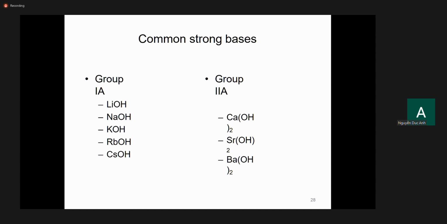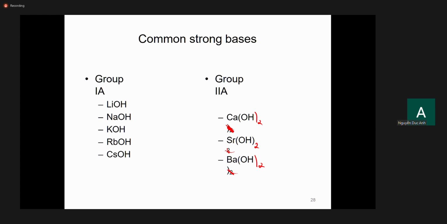Similar to the acid will be the strong base. From the base, the group alkaline and alkaline earth, 1A and 2A, the metals, when they meet hydroxide ions: lithium hydroxide, sodium hydroxide, or calcium hydroxide, strontium hydroxide, like that.